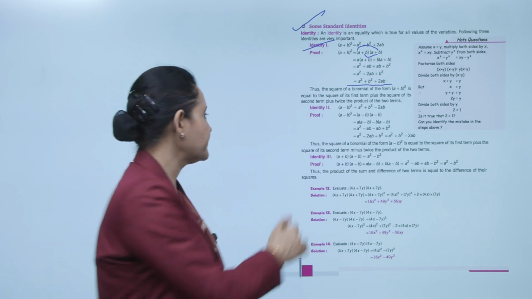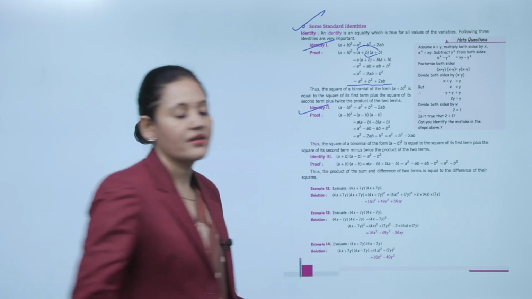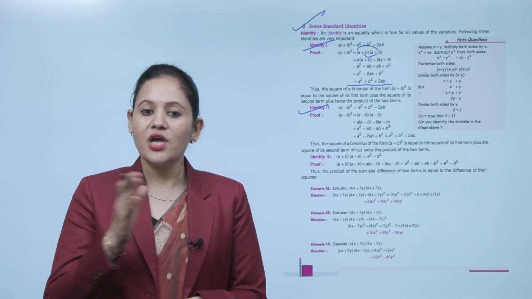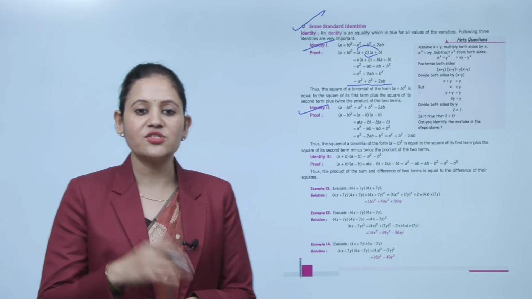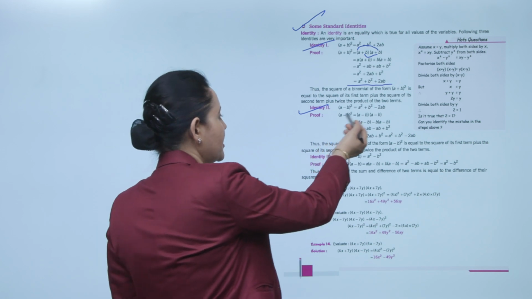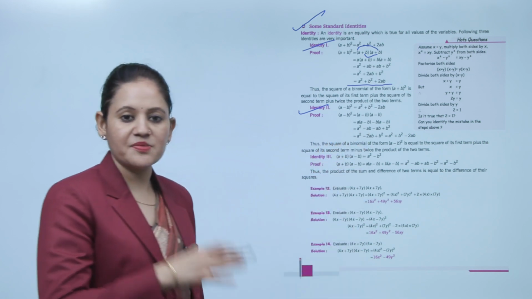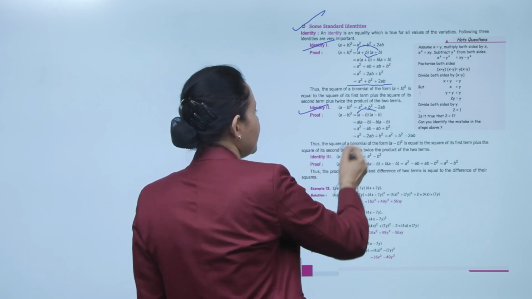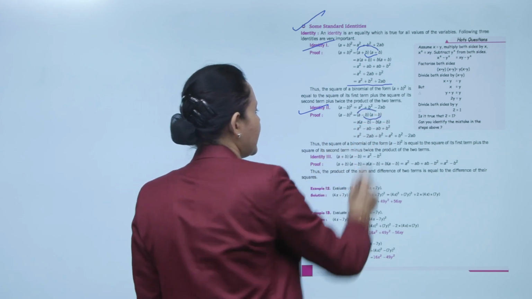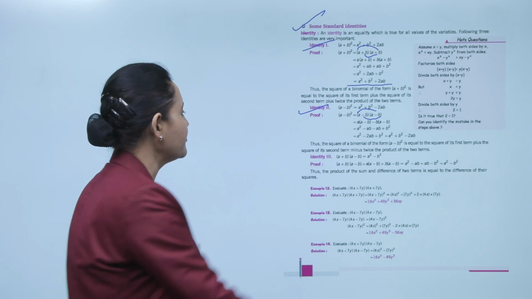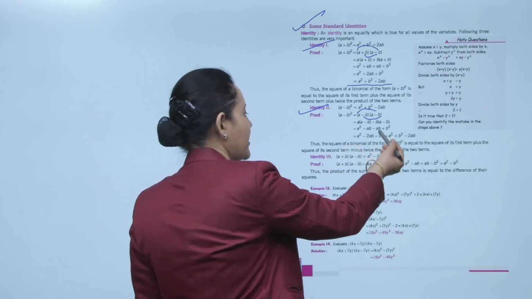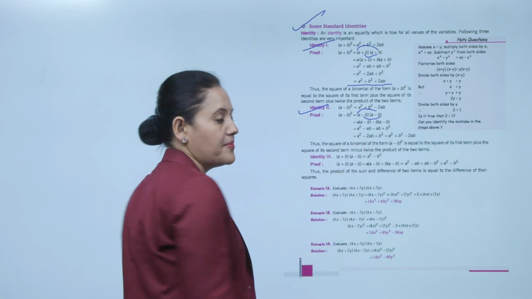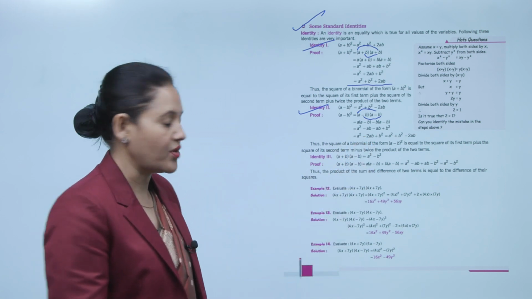Identity 2. A minus b whole square, that is equals to a square plus b square minus 2ab. A minus b का whole square, that can be written as a minus b multiplied by a minus b. So a multiplied by a minus b and minus b multiplied by a minus b, that is equals to a square minus ab minus ab plus b square, that is equals to a square minus 2ab plus b square.